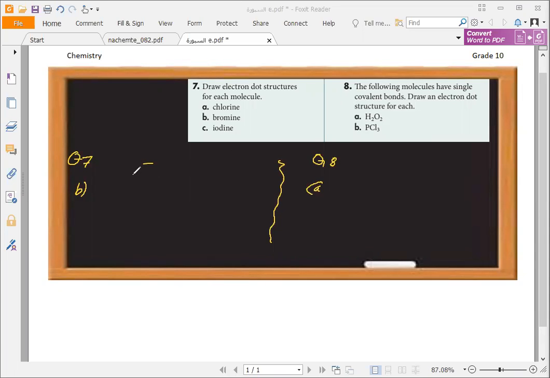Bromine. What is the chemical formula for bromine? Br, only Br, or Br2? Br2. Okay. How many valence electrons in each atom? 7.